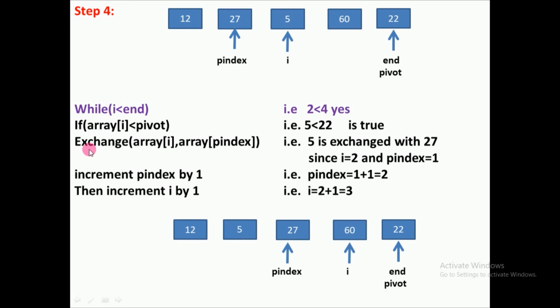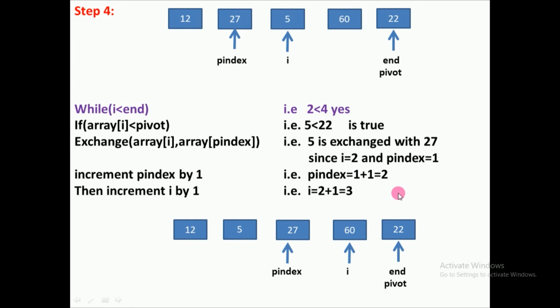It exchanges array of I with array of p index, that is 5 is exchanged with 27. Remember, 5 is not exchanged with the pivot directly. 5 is exchanged with the p index value. That is, exchange array of I with array of p index, 5 is exchanged with 27, since I is equal to 2 and p index is equal to 1.